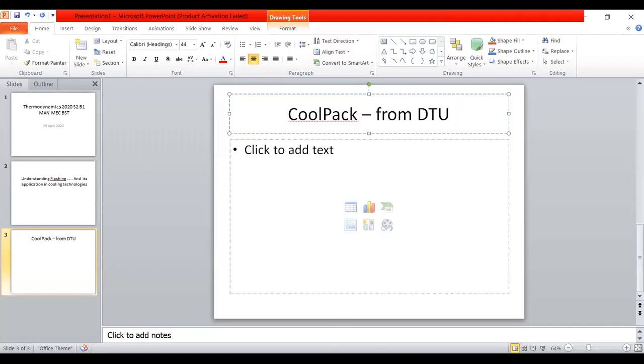If I need to put a link for this, you can look for that. CoolPack software, this is a free download.